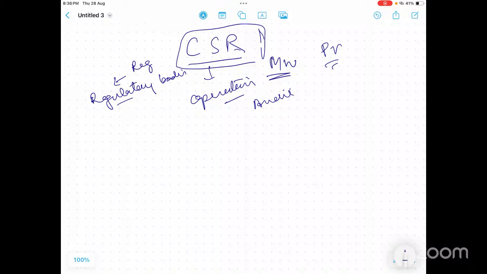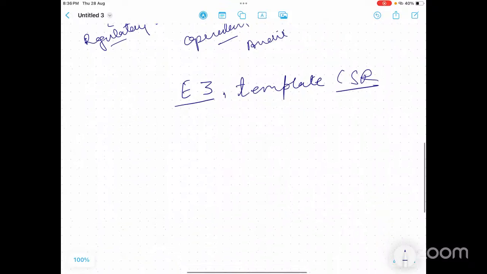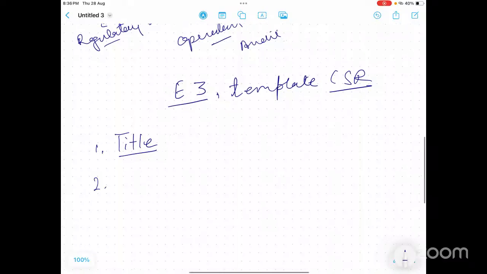So now let's think about the different sections of a clinical study report. First question is, what guideline do you follow for CSR or narrative writing? E3 guideline. I will show you how you can download it, so you can see the complete template of CSR. E3 guideline is followed to prepare the clinical study report. Every document has a title page, then introduction.